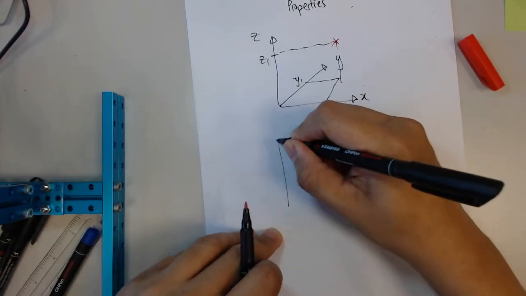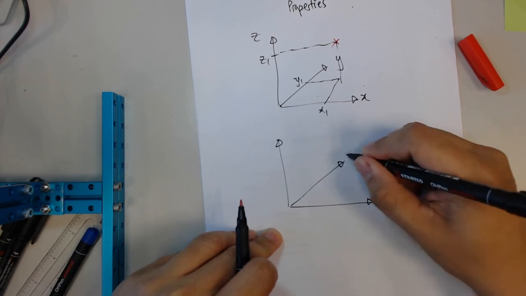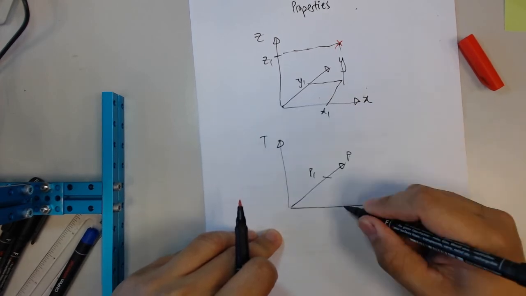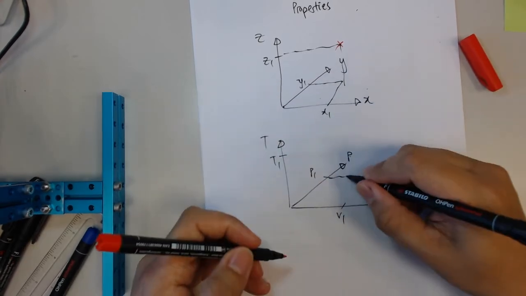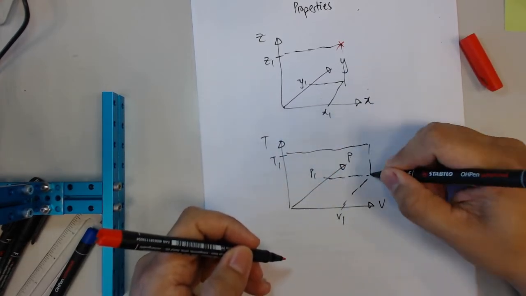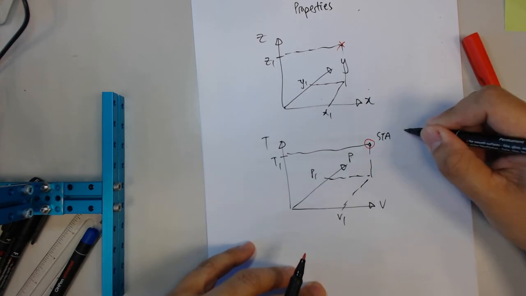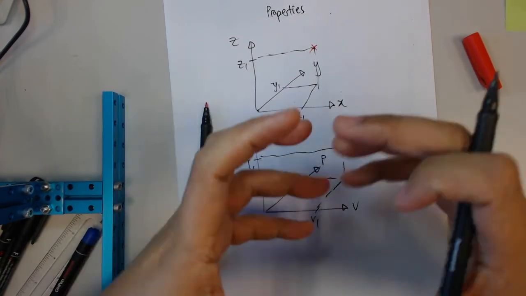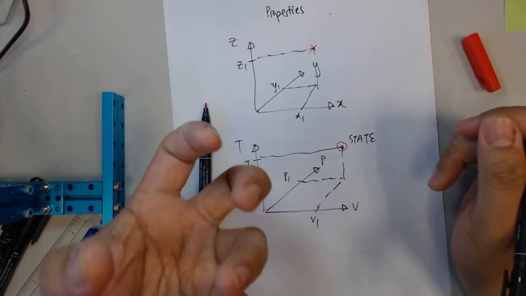Using the same theory, instead of x, y, z, you get P, V, T. At a certain pressure, at a certain volume, at a certain temperature, what do you get? You are going to get what we call a state. A state is where the fluid is currently existing.